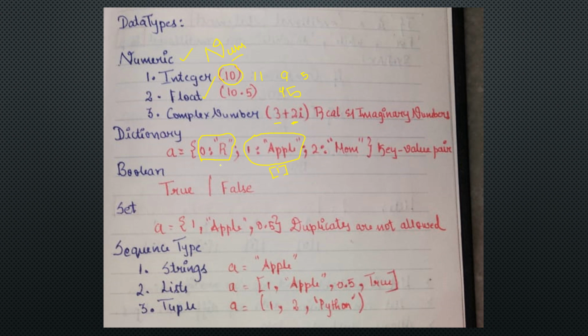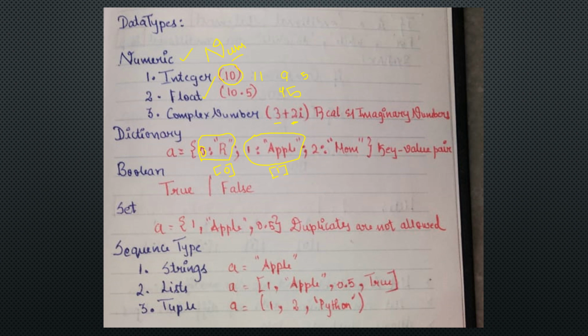But this doesn't seem like a normal element. A normal element would be something like 1, apple, 0.5 with commas in between. But here we have a colon which separates two items. The left side of the colon we call a key, and the right side we call a value.